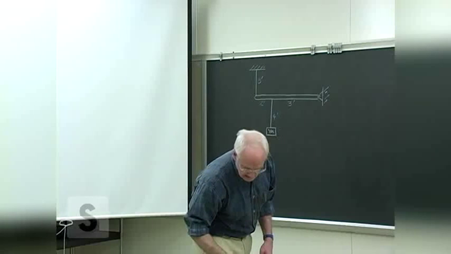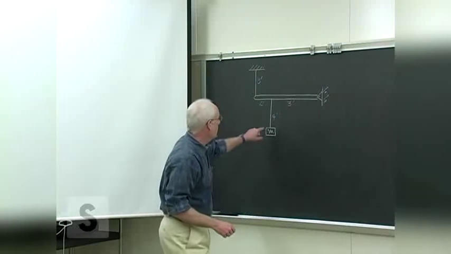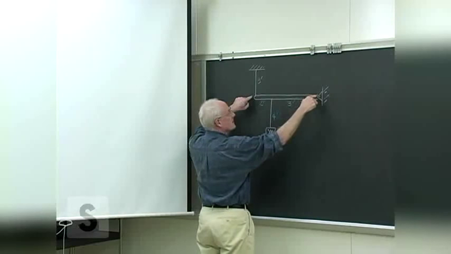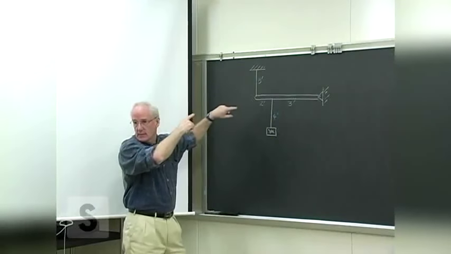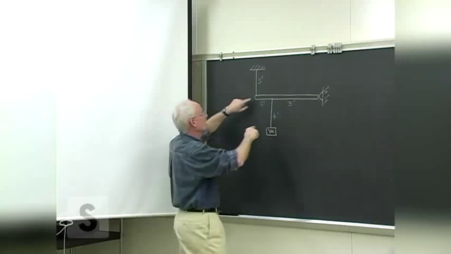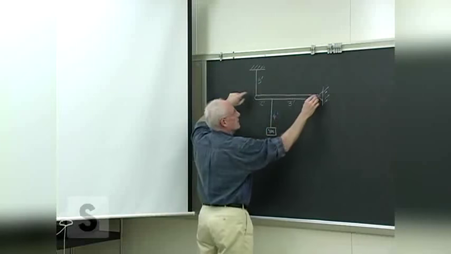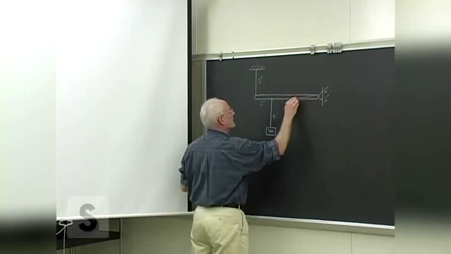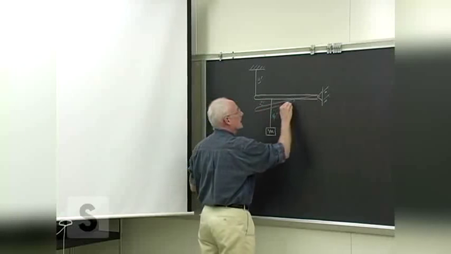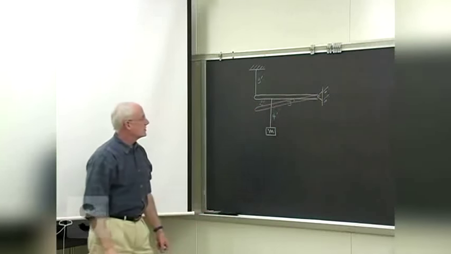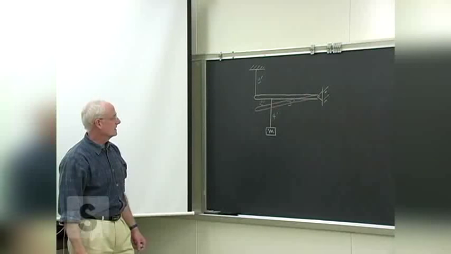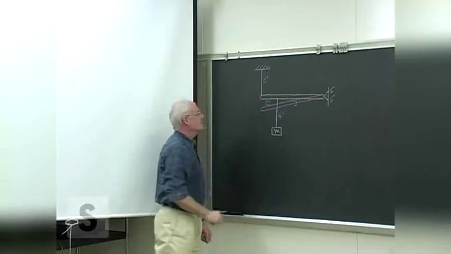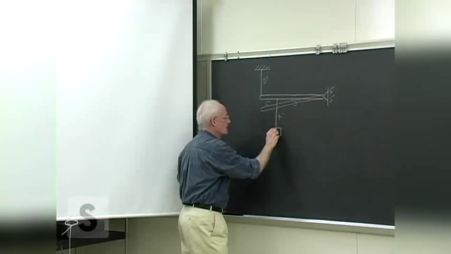When this weight is applied, we're going to treat this beam as a rigid beam, which remember means it does not undergo any bending itself. We're only looking at what happens to these cables once this load is applied. Greatly exaggerated, the beam turns down to there.